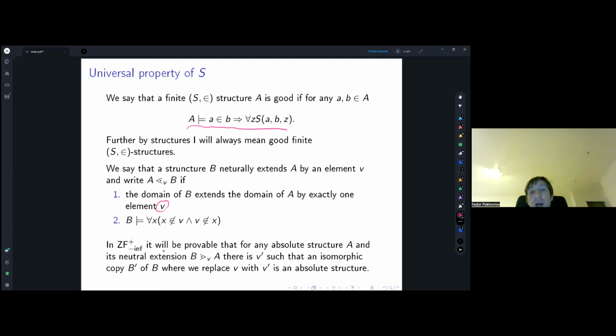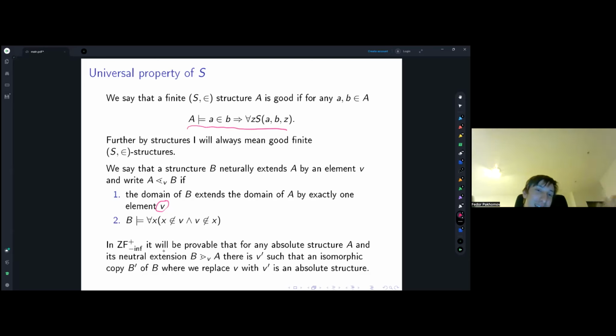We're saying that for any absolute structure A and its neutral extension B, and this extension is not necessarily absolute, any neutral extension could be collapsed to an absolute neutral extension. This means that we have a neutral extension by some element V, and we could replace this V with some set V prime such that the resulting structure B prime will be absolute.